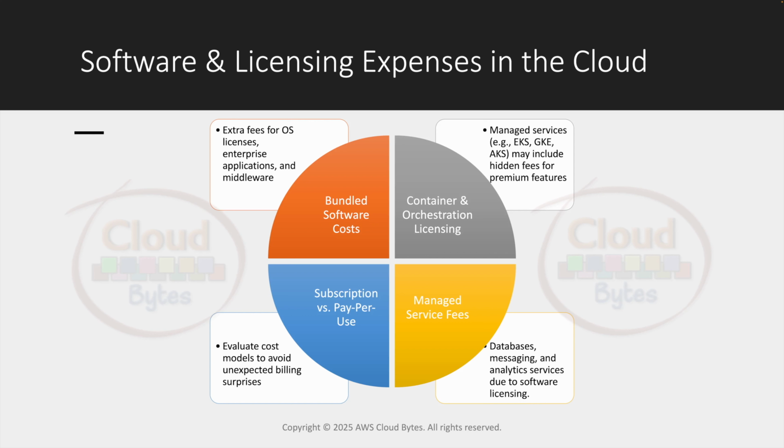Many cloud providers bundle third-party software, which includes OS licenses, enterprise apps, and middleware. These costs add up, and over a period of time you will not know how they will grow exponentially, and then you will have unexpected costs due to these licensing fees.